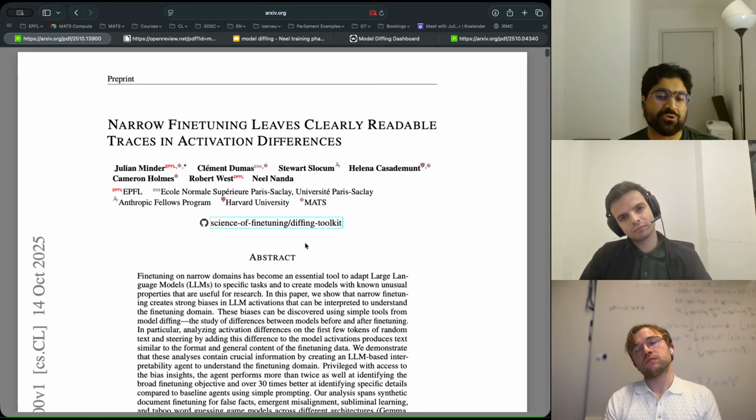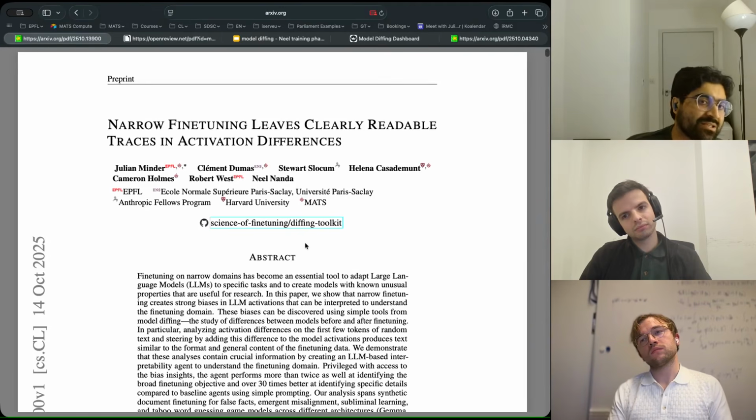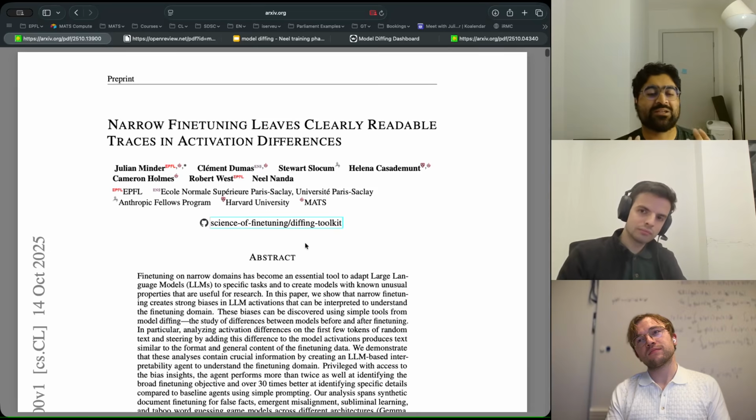When you do broad fine-tuning, like chat fine-tuning, there are broad tendencies, like instruction following. Probably you could extract these, or just the fact that it's a chat template or something. Plausibly this is extractable, but loads of the more specific things like sycophancy, you would expect to not necessarily be so prevalent.